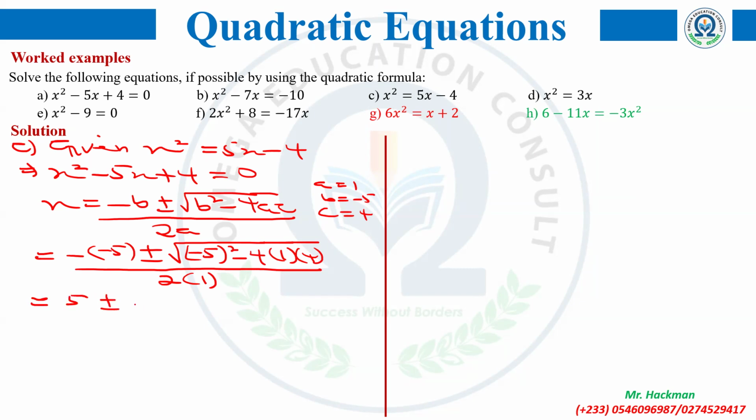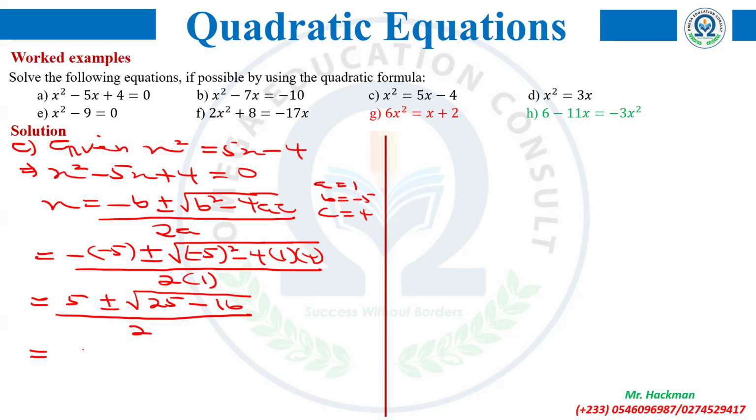Plus or minus root of, minus 5 squared will give me 25. Then minus 16, this will be minus 4 times 1 times 4, so 16, all over 2. So I will move on.